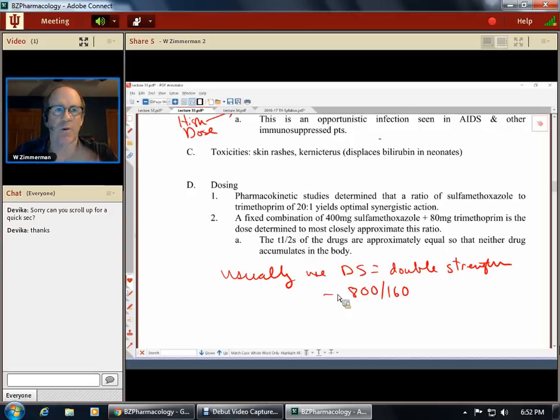But we don't worry about doses in this course, so that's why it's your information only. But a lot of these drugs, many of you have used in probably the past 5, well, less than that, probably in the last 2 or 3 years, and just to kind of help clarify that. But again, to get that 20 to 1 ratio, we have to get these doses of 400 to 80.